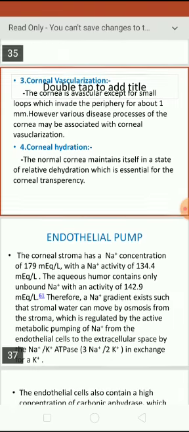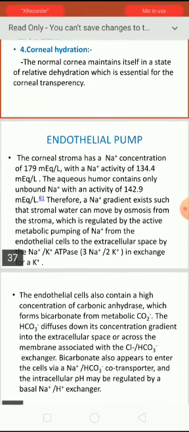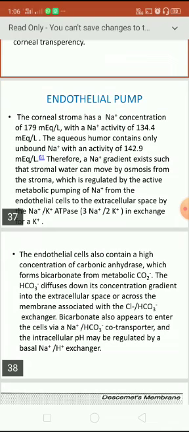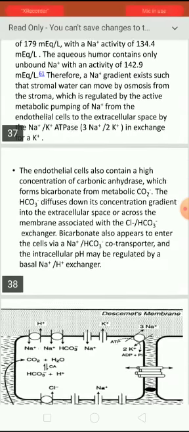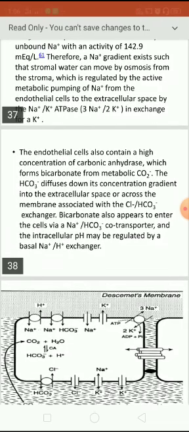All these factors act along with the endothelial pump. The endothelium contains a high concentration of the endothelial pump, which is mainly sodium potassium ATPases, moving sodium into the extracellular space in exchange for potassium. The endothelium also contains a high concentration of carbonic anhydrase, which forms bicarbonate from metabolic CO2.